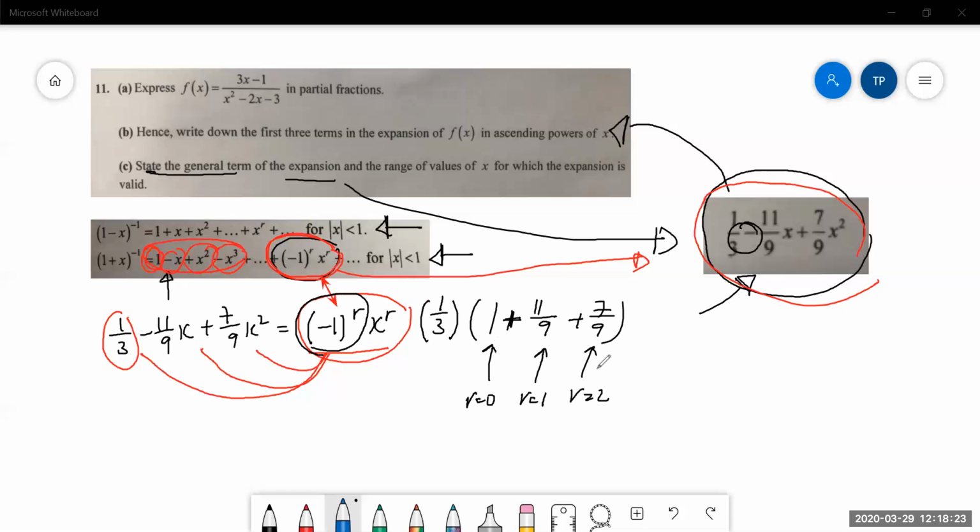Remember, I just mentioned r starts from 0. Wait, then 11/9 should be negative. Yeah, correct, but because I took out the (-1)^r.